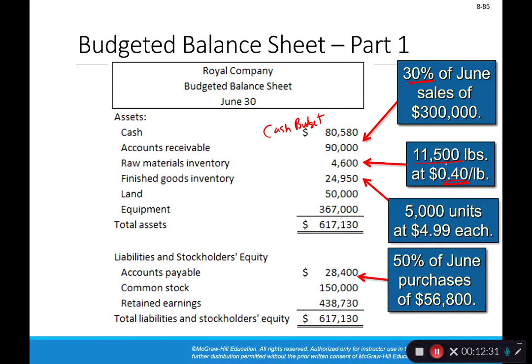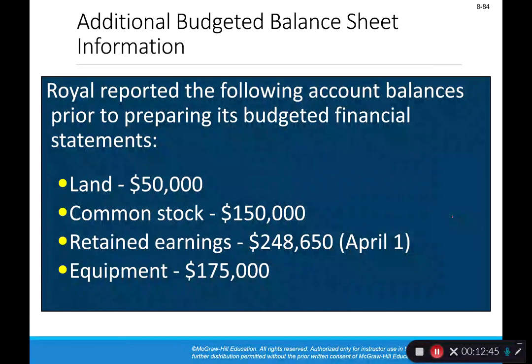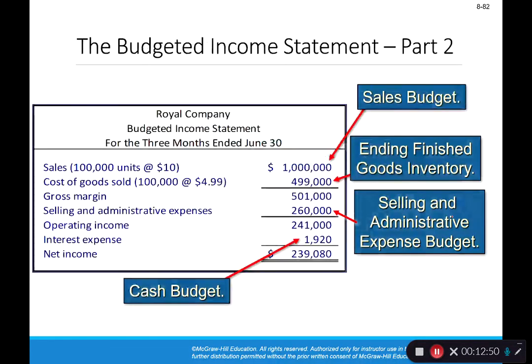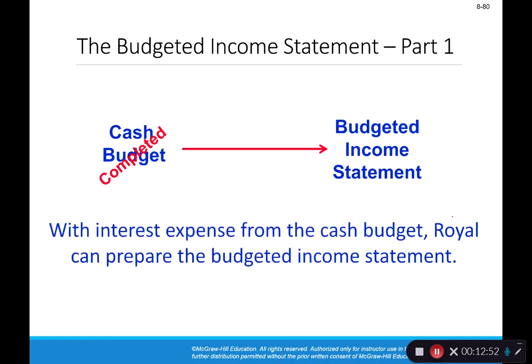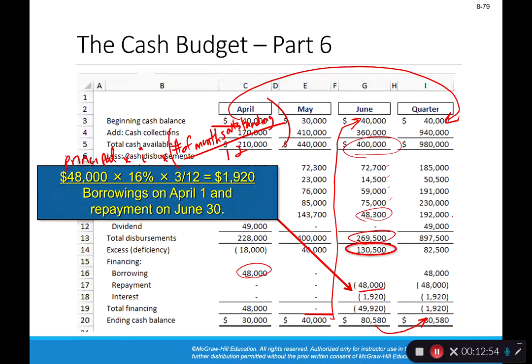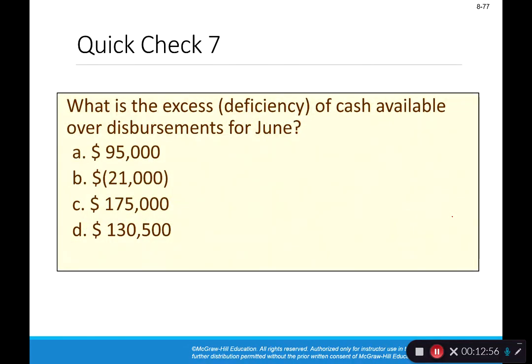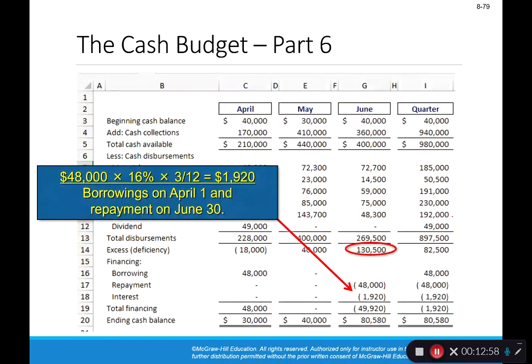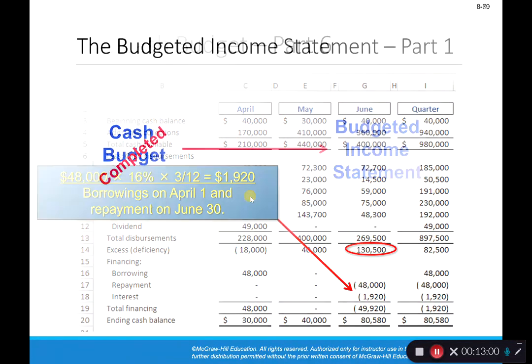Finished goods inventory comes right from our finished goods budget. It was the 5,000 units that we were planning on having left over at that $4.99 product cost. Land was given in the problem. It's the 50,000. The equipment, it says we started with 175, but if I go back to our cash budget, you may remember we made some purchases. So you can't really see it because this is blocking it.